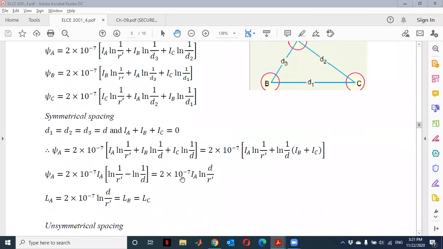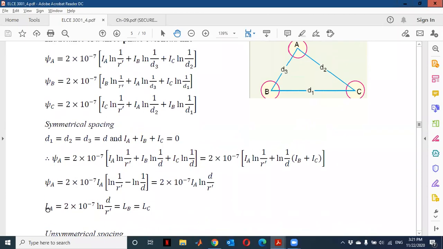Now the equation will be: the inductance of conductor A will equal the inductance of conductor B and C, equal to 2 times 10 to the minus 7 ln D over R dash, okay?